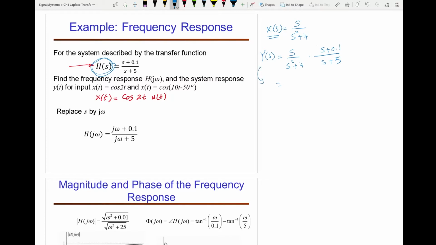So this will be, and in the previous video, we learned how to find the constants c, a, and b, and if you do that, then you will find y of s equal. And then you can use the table and you will find y of t equal.